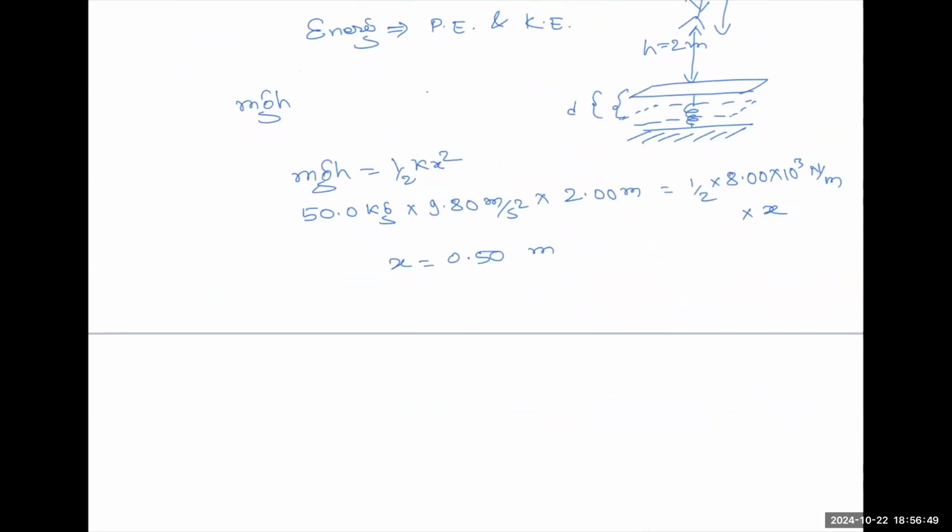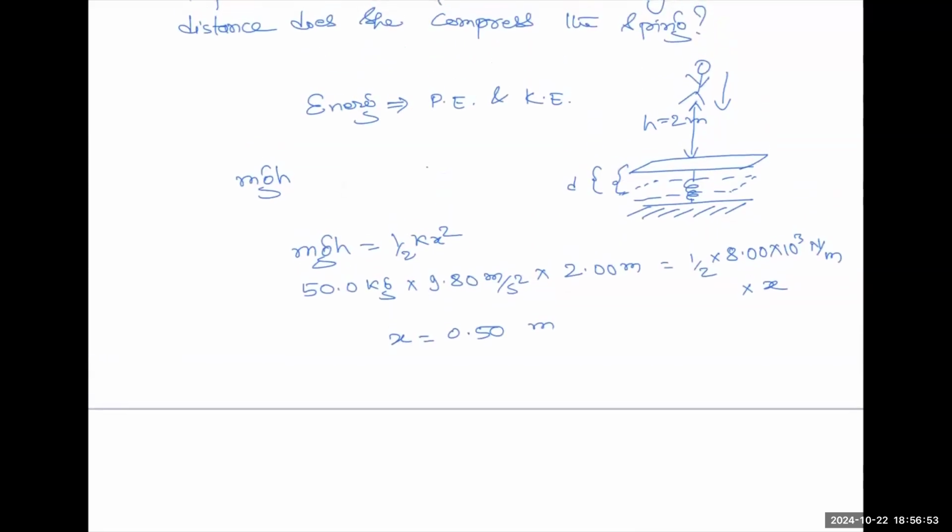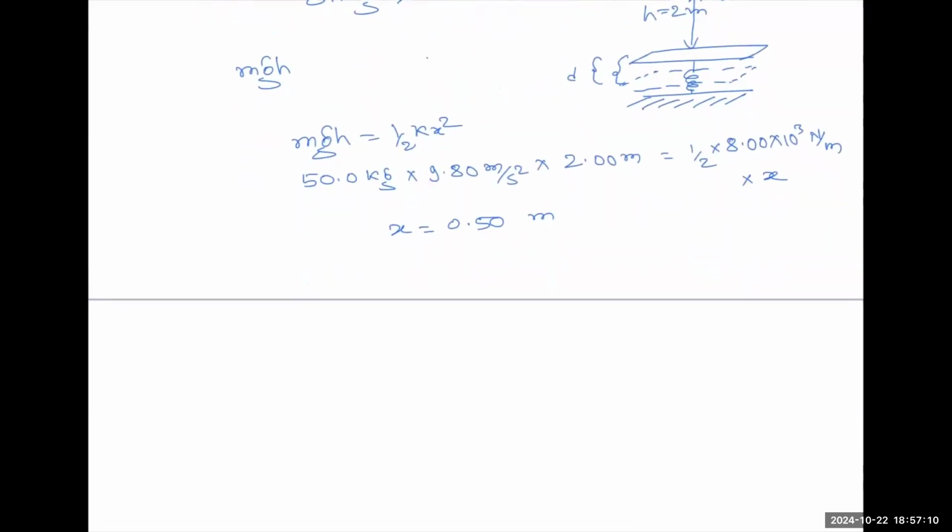So what happens here is that this spring is compressed by a distance d, and this person is at a certain height h. So this person goes all the way down to this distance. These are the jumping conditions.